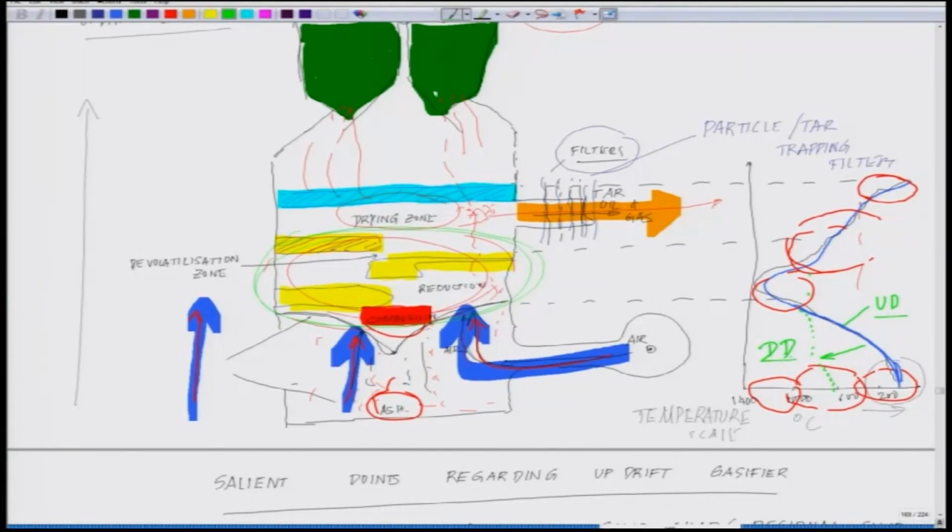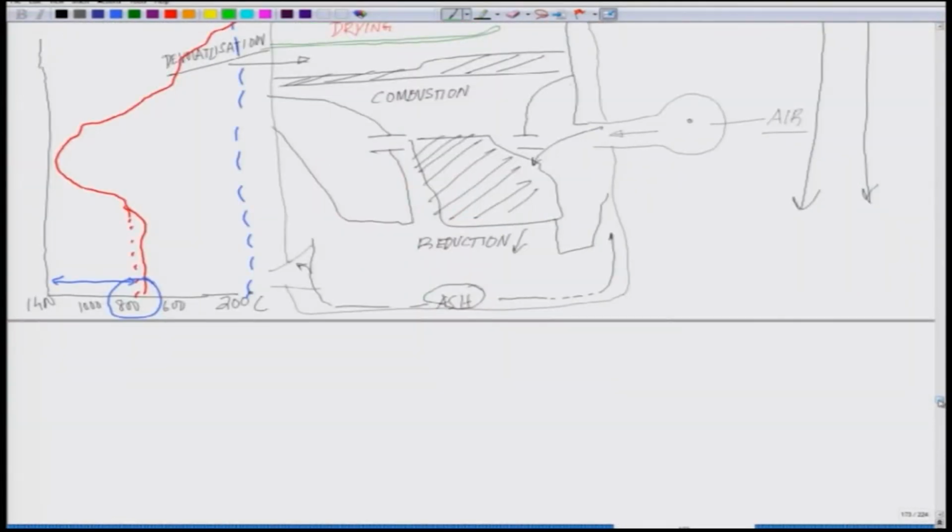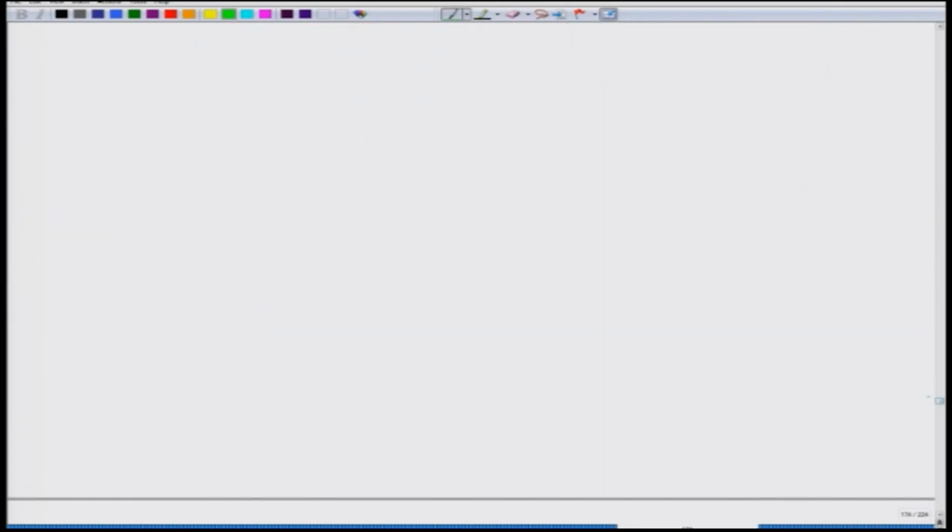So, in the downdrift, that blue line is shifting more towards the left, more towards the high temperature. So, coming back, the first characteristic is that in the downdrift gasifier, the gas which is coming out is at a higher temperature.